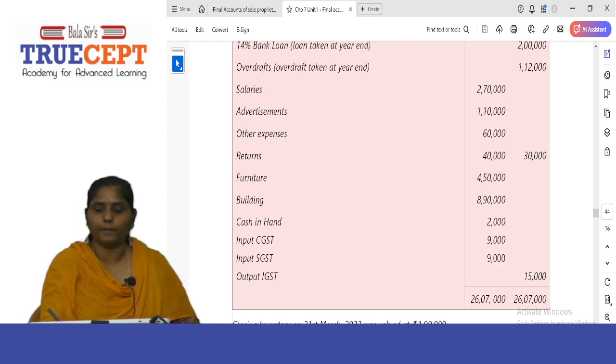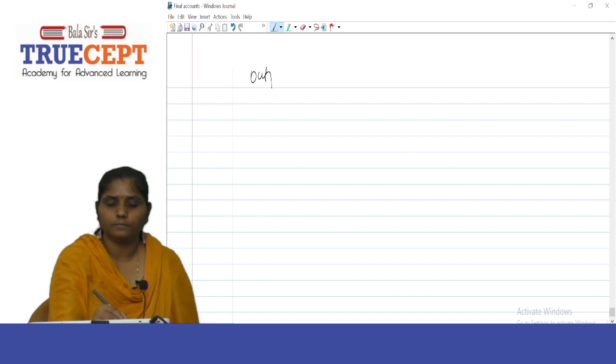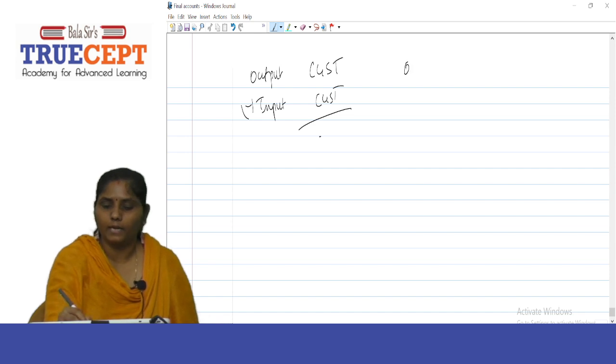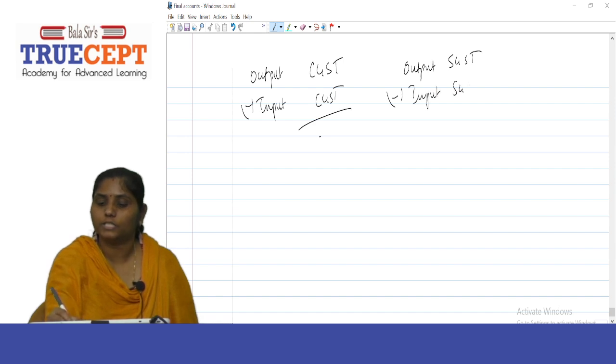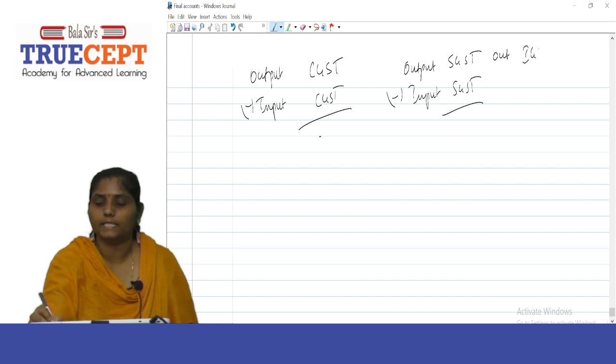Say for example, output CGST will be first adjusted against input CGST. Okay. Then output SGST will be first adjusted against input SGST. Then if I have output IGST, that will be first adjusted against input IGST.